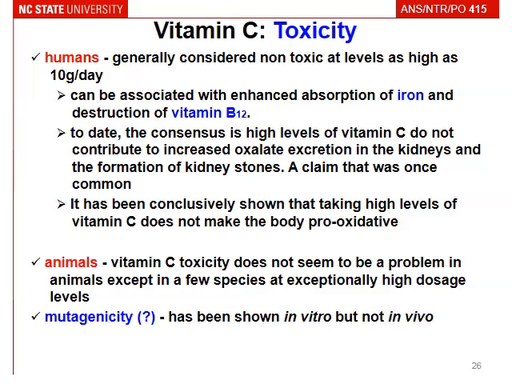The max your body will absorb is 2 grams per day. It has been associated with enhanced absorption of iron. So we could exacerbate some reactive oxygen components, since we're increasing our iron absorption. If you have adequate iron already, then too much vitamin C could actually cause some peroxidation.